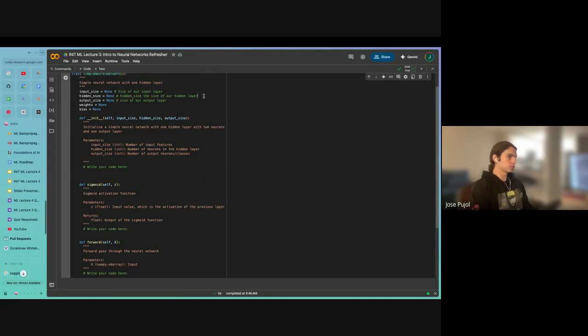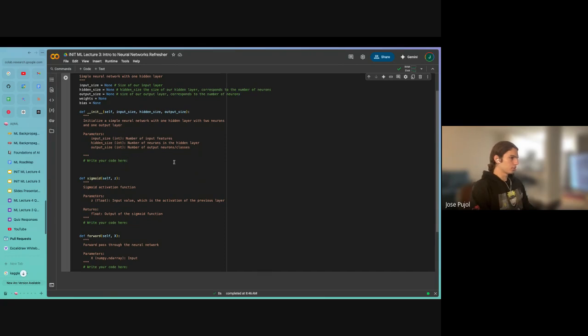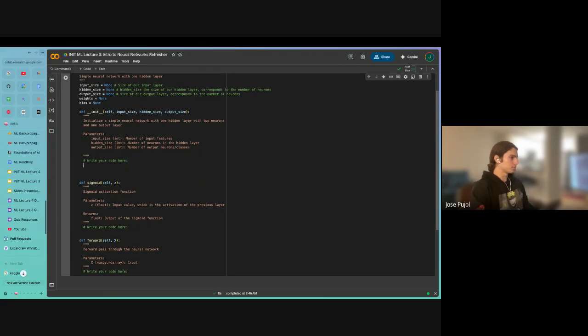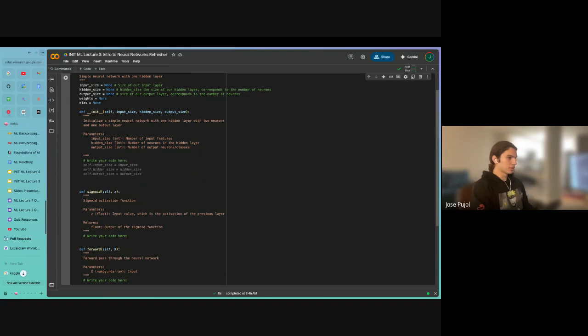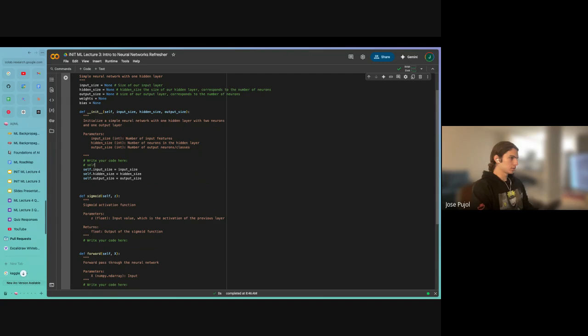It corresponds to the number of neurons. Same thing for this one. Corresponds to the number of neurons. So let's write out a simple example. You might be familiar with Java and not with Python, but self is basically the same thing as this in Python.